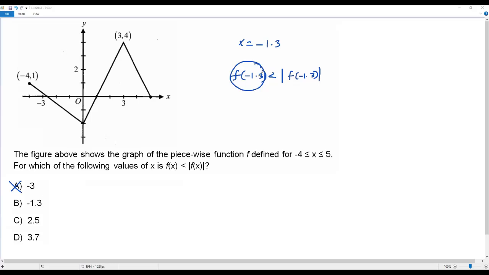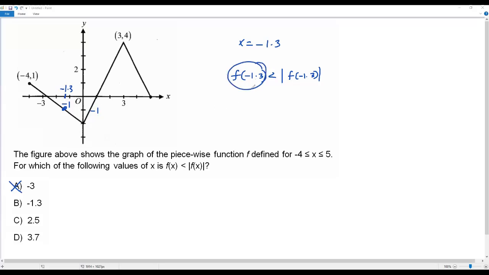So f of -1.3 is the value of the y coordinate when x equals -1.3. Here the value of x -1 is over here, and -1.3 is approximately over here. The corresponding y coordinate is over here on the graph. I think the corresponding y coordinate is -1. So when x equals -1.3, the y coordinate is -1.